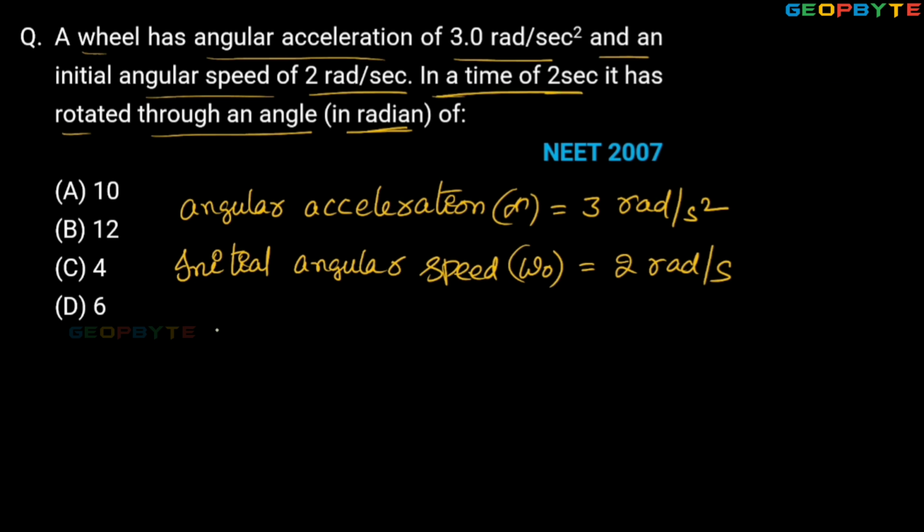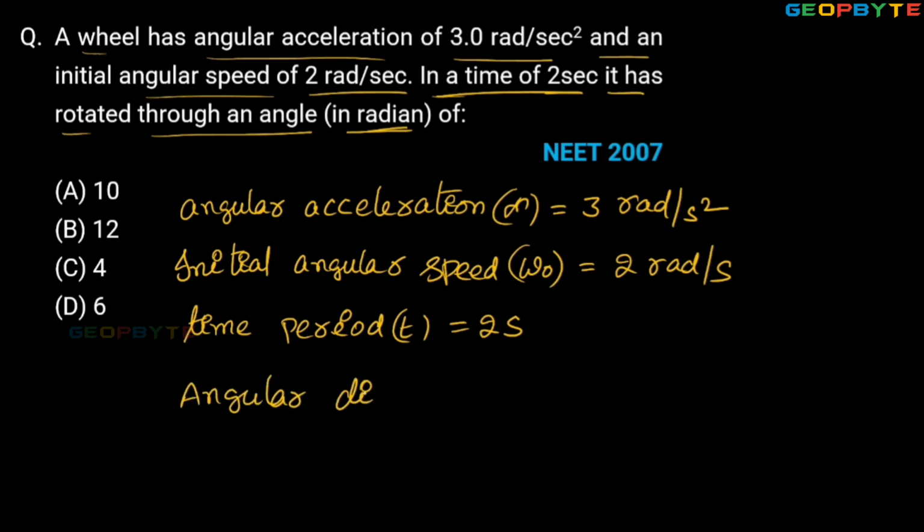In a time period, let it be t equal to 2 seconds. It has rotated through angular displacement. What is the angular displacement? Let that angular displacement be theta. What is the value of theta?